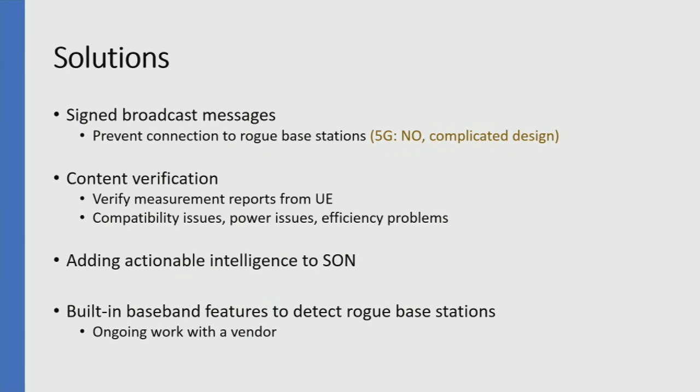The second solution we suggest is content verification. Whatever measurement reports the phone is sending to the network should be verified in terms of the location of a particular base station, and then accordingly decide whether to take a handover or not, rather than just based on simple measurement data.